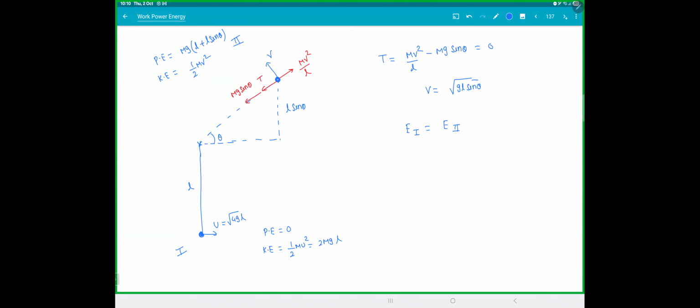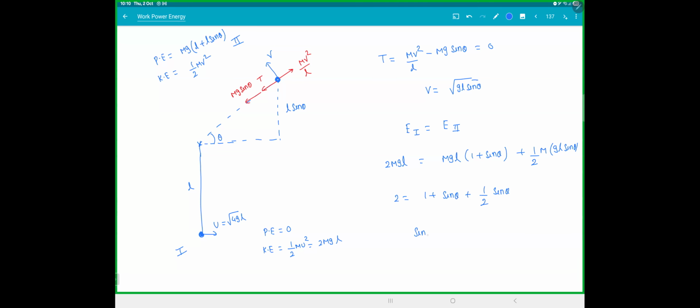Gravity is internal. So initial energy will be 2mgL. Final energy will be mgL times 1 plus sine theta plus half mv square, but v square is nothing but gL sine theta. mgL will cancel everywhere. This will be 1 plus sine theta plus half sine theta.